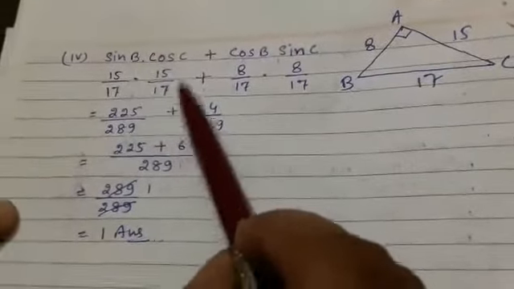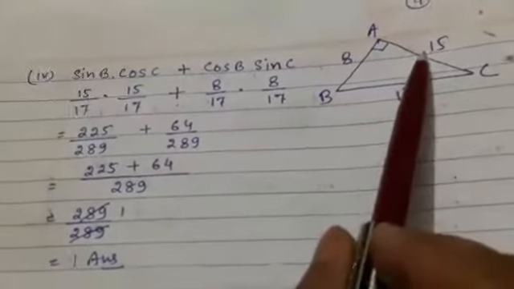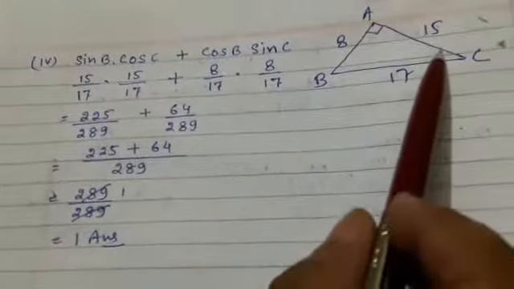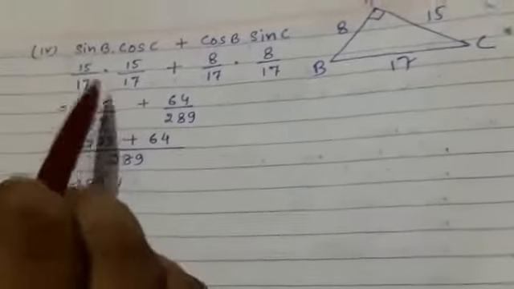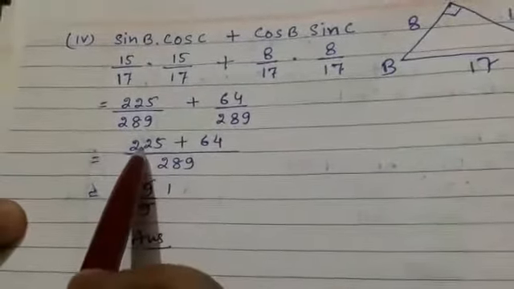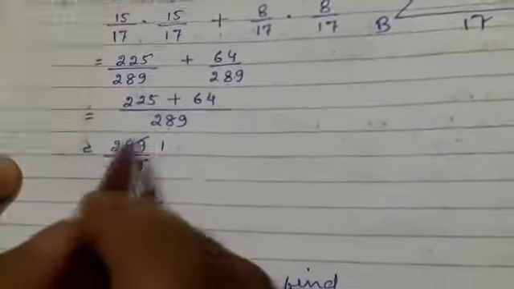So 15 by 17 plus cos B. Cos B means according to this angle, this will be perpendicular and this will be base, 8 by 17 into sin C. Sin C means 8 by 17, P by H. These are our values. Now let us multiply: 15 into 15 is 225, 17 into 17 is 289, plus 8 into 8 is 64 by 289. Now 225 plus 64, we take LCM as 289, and 225 plus 64 is equal to 289 by 289. By cancelling we get 1. So 1 will be our answer.